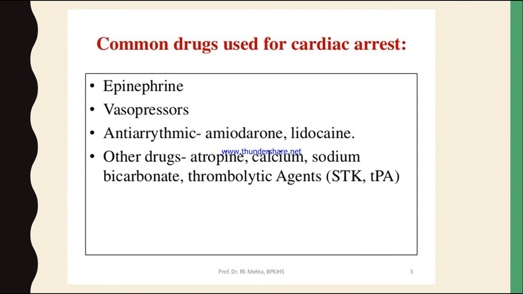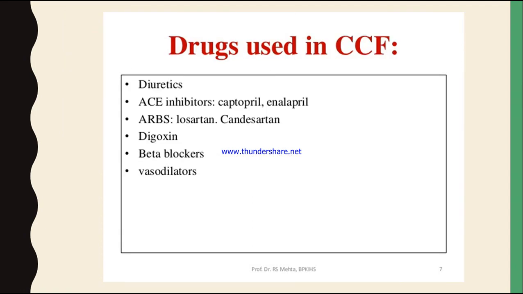Then for cardiac arrest, epinephrine is very commonly used, along with vasopressors, antiarrhythmic agents like amiodarone or lidocaine, and other drugs like atropine, calcium, sodium bicarbonate, and thrombolytic agents like streptokinase and TPA. For congestive cardiac failure, the blood is not able to pump properly because of congestion in the ventricles.